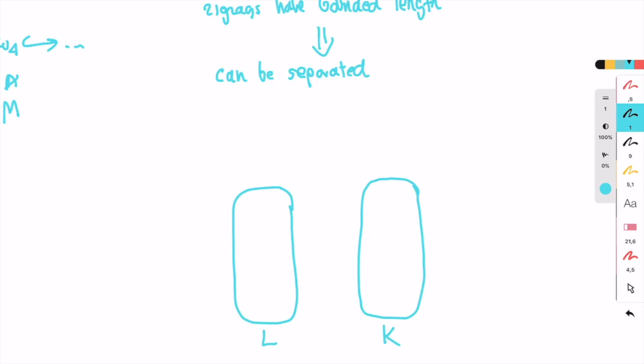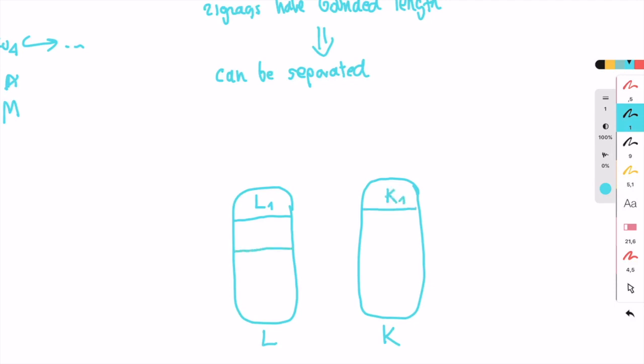Now define L1 to be the words in L which are the beginning of a zigzag between L and K of length 1, but no more. So it means if you start in L1, then you cannot go to K, because otherwise it will be a zigzag of length 2. Likewise, K1.